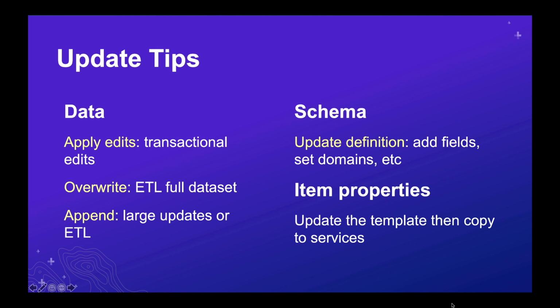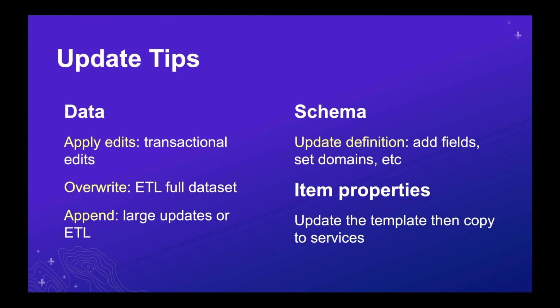Similarly, in online, there's an append function that is really useful if you don't want to overwrite the entire service. So if you want to add new data onto an existing service from a GeoJSON file, or you want to upsert, so replace some of the features that exist with new ones from the GeoJSON file, again without overwriting everything, then append is really useful.